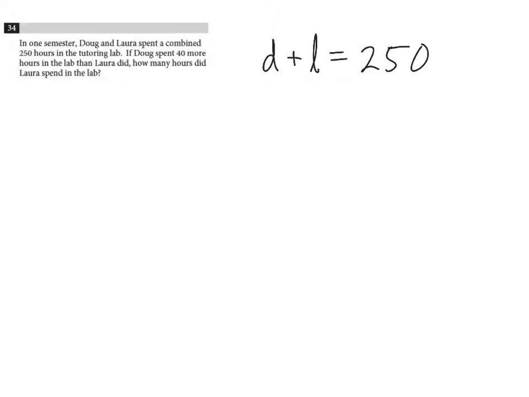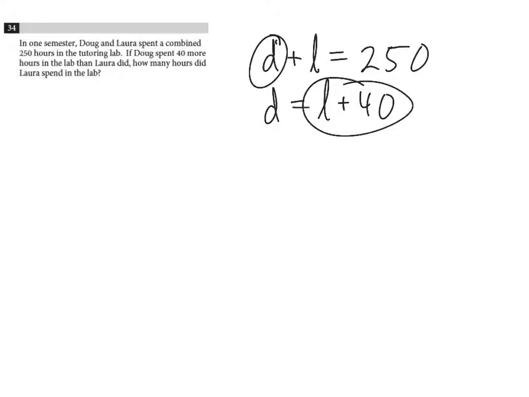We also know that Doug spent 40 more than Laura. So Laura's hours plus 40. If we know what Doug's hours are, that's Laura plus 40, we can substitute that into our equation here.